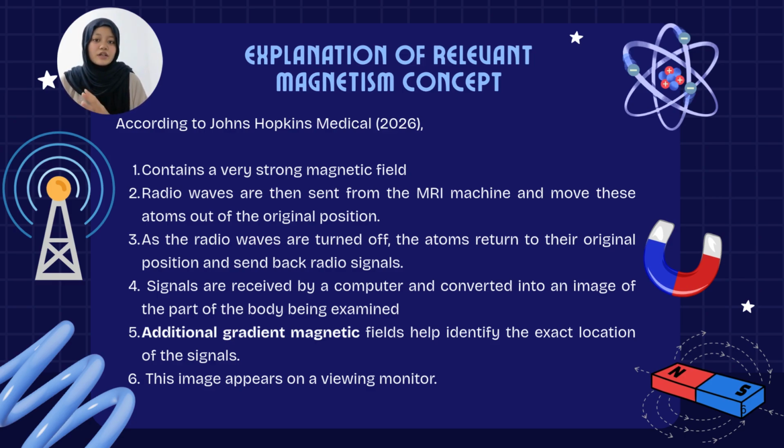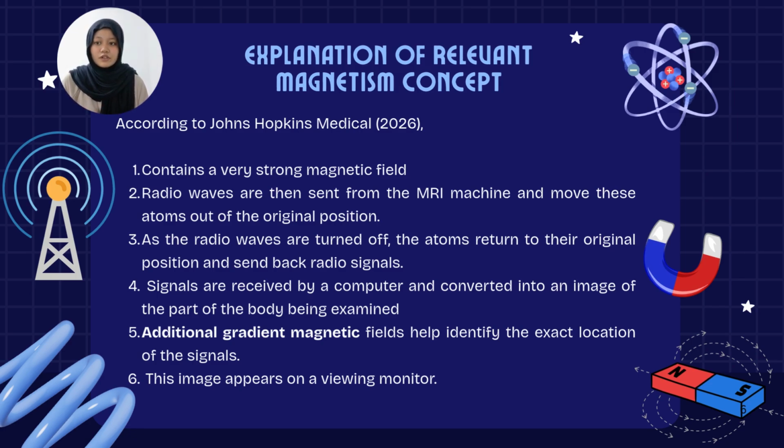Additional gradient magnetic fields identify the exact location of the signal. So what is meant by the additional gradient magnetic field? The main magnetic field in MRI is uniform, the same strength everywhere. If only this field were used, the MRI would know the signal exists but not its location.